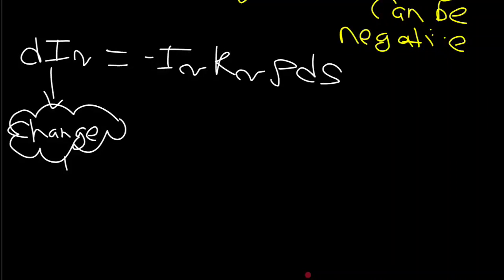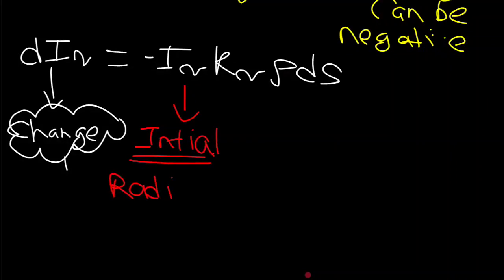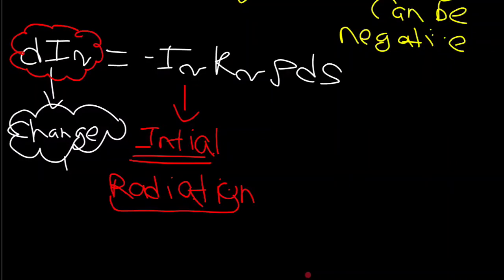So first of all, let me clarify what exactly these terms are. So this is your initial radiation, and this is the small part of radiation which gets absorbed, or you can say that it gets dismissed when it comes out to the other surface.